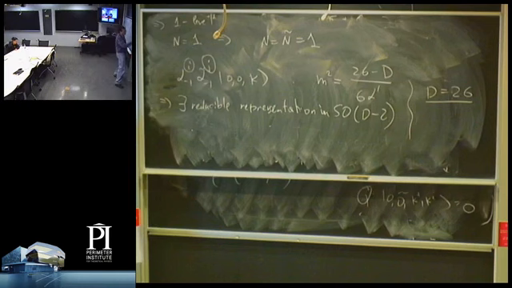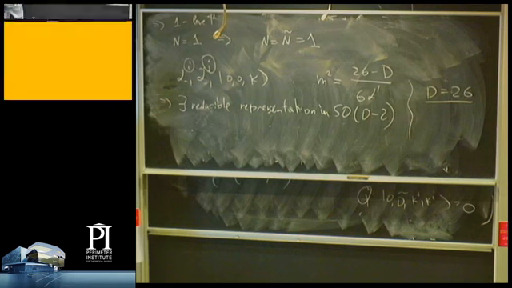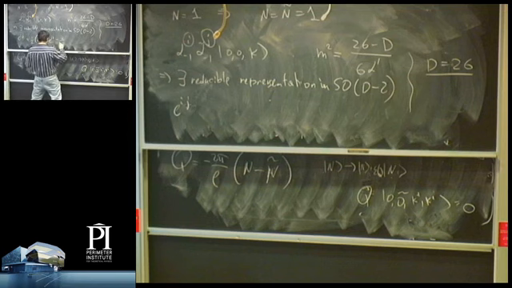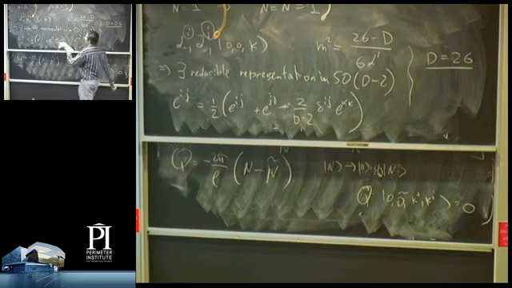Now, this is a reducible representation, and we can actually make it into irreducible representations. Let me do it. This is an object that carries two indices, and so I can break it into a symmetric traceless part, the symmetric combination of i j minus 2 over d minus 2 times delta i j.